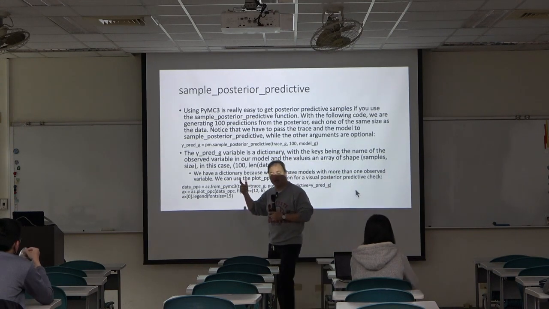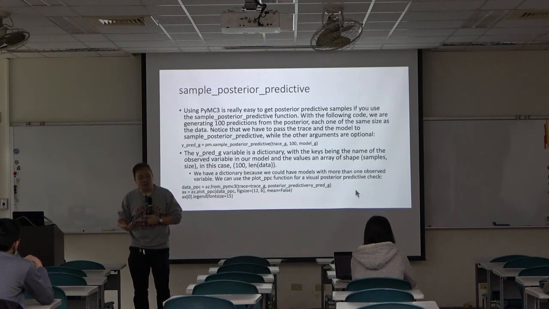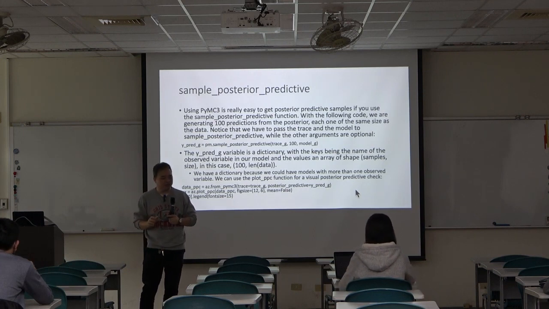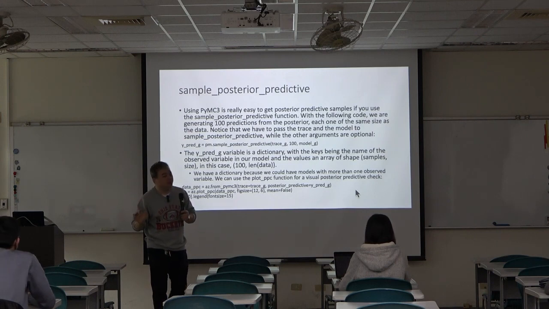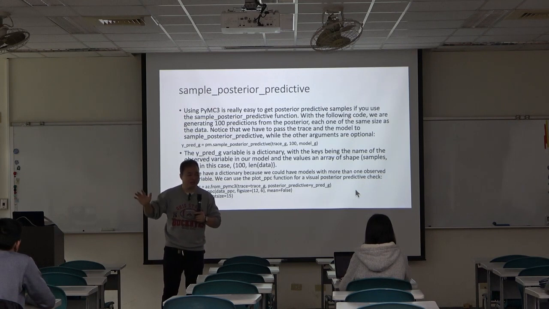The trace contains the posterior of the parameter, and then you can sample from this posterior. After that, you put these sampled parameters into the model, because the model contains the likelihood, and then you are able to sample again from the likelihood.